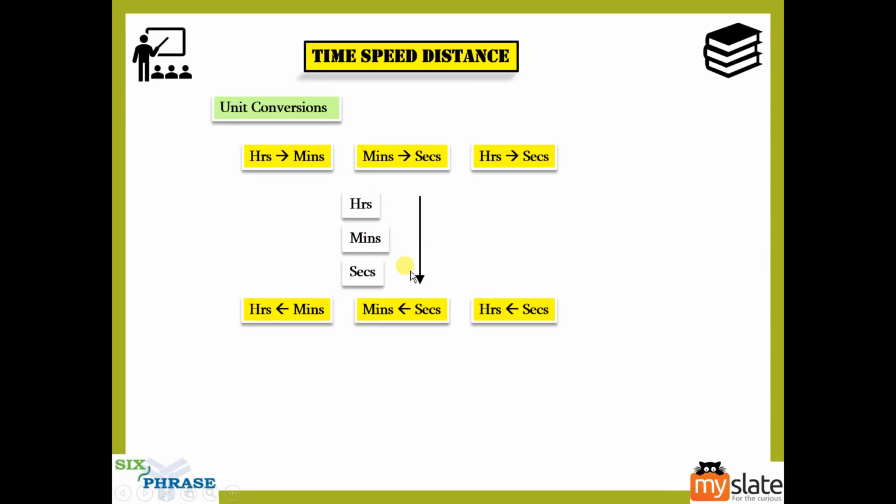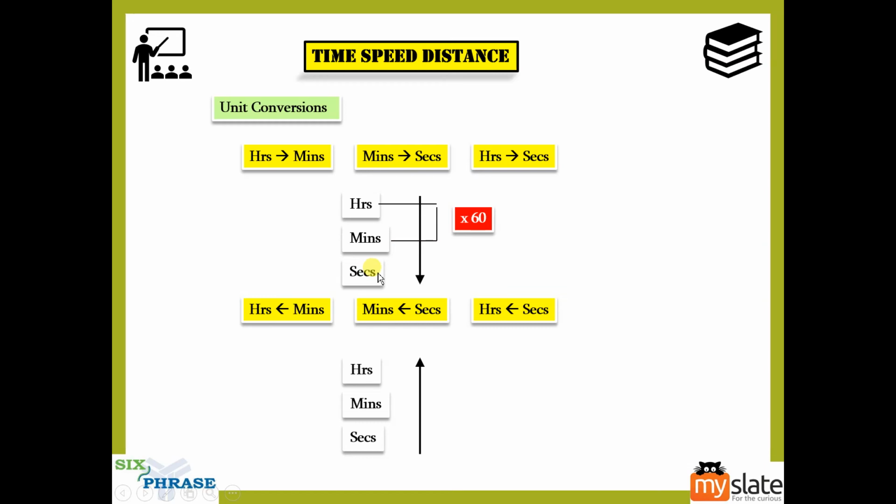If you want to go down, you have to remember that you have to multiply by 60 for each step. What do I mean by each step? If I have to go from hours to minutes, multiply by 60. If I have to go from minutes to seconds, multiply by 60.